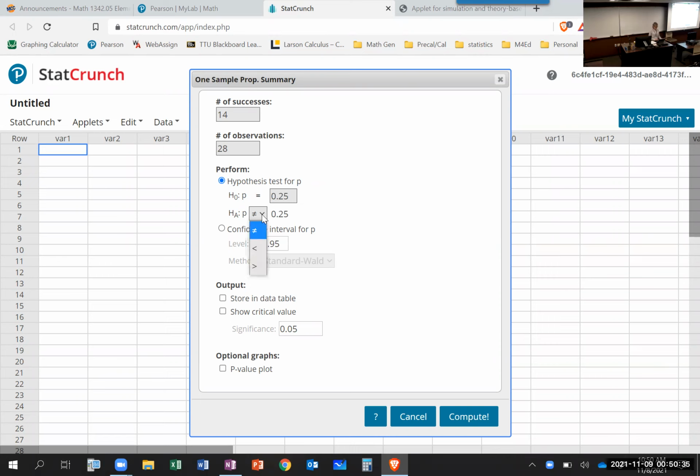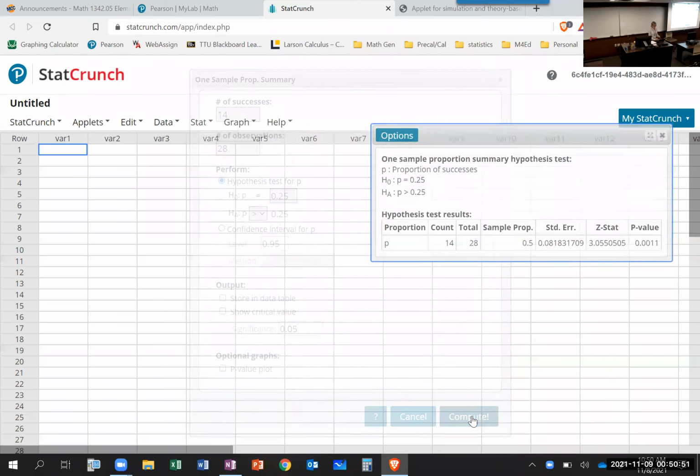We're going to change our inequality symbol to be greater than. Notice that once you put in the population parameter, it automatically filled in the next spot. I don't need to do anything else. I'm going to hit compute.